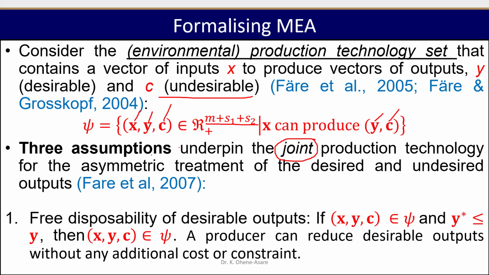And in fact, what is so beautiful is that bad outputs are feasible too. Bad outputs are also feasible. That is what this assumption is saying. Not just desirable, but also bad outputs are feasible. In other words, you can also generate non-performing loans as a bank. But you shouldn't, but you can. So that word free disposal, in other words, you are at liberty, free. You are at liberty to waste the input. You are at liberty to not produce, to dispose the desirable output when you're not supposed to dispose them.